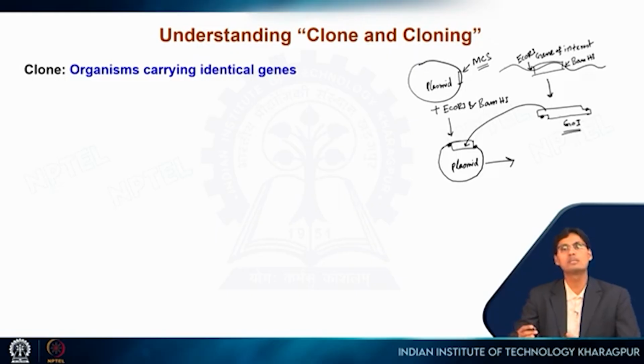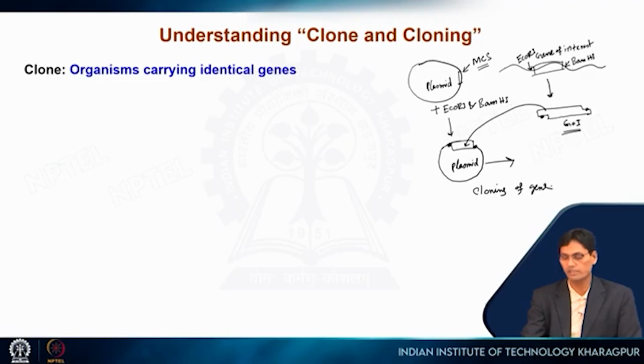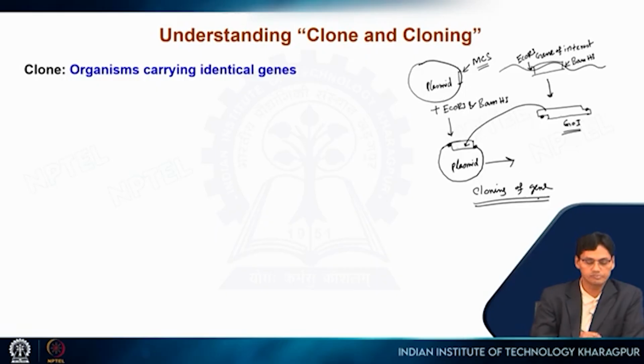This is the cloning of genes. Your genes are now cloned, so you have multiple copies of the same gene by this method. I just summarized whatever we discussed before.